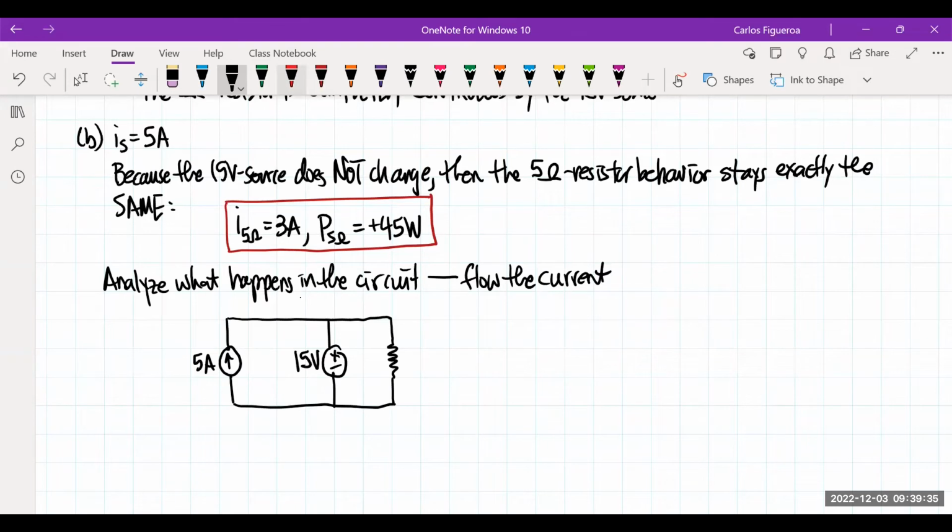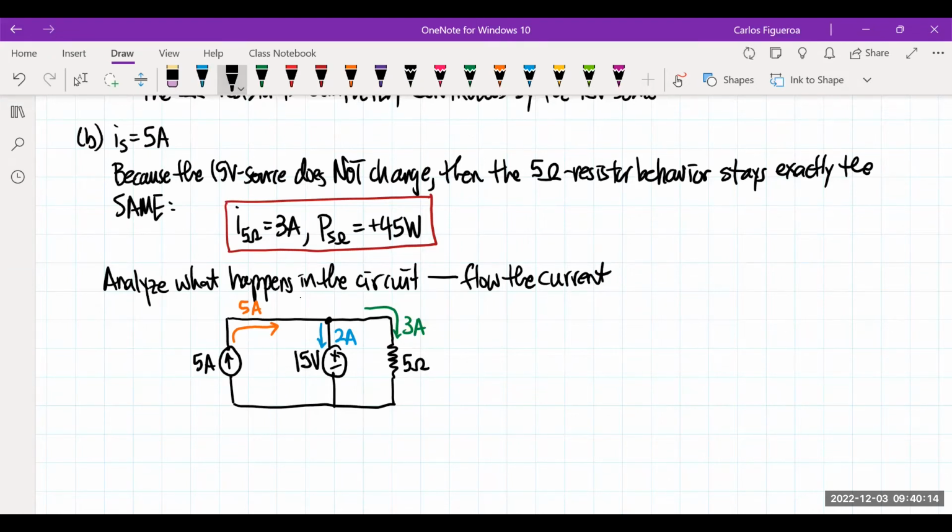I have a current that has now increased and it's producing 5 amps. But because the resistor is fixed, it still has 3 amps running through this 5-ohm resistor. So if I look at this one node right here, there's no choice, but now the current is 2 amps that flows through this thing here.